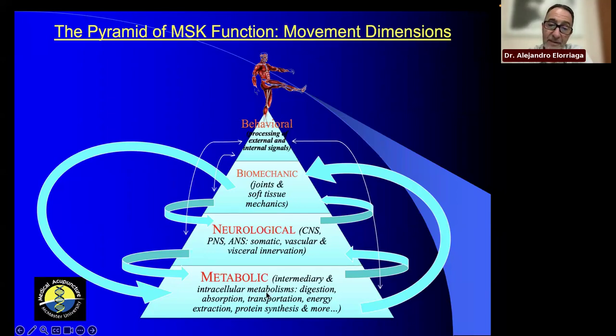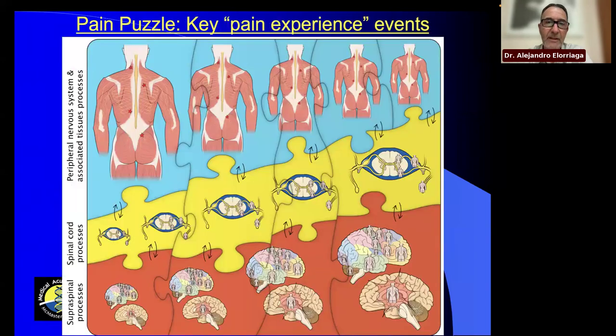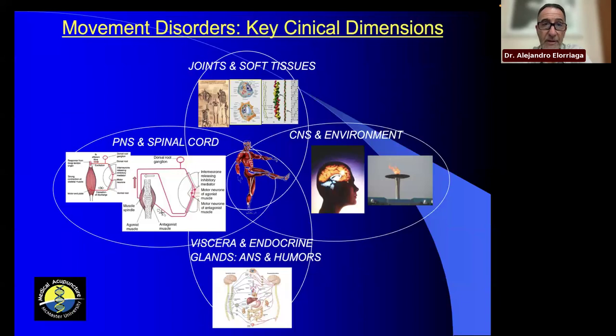And this is very important: the clinical dimension versus the nature. You need to identify the nature if you want to be truly effective. The pain puzzle will help you organize your thoughts about events: peripheral events, spinal events, central events, and this is by far probably the most complex part of the equation.